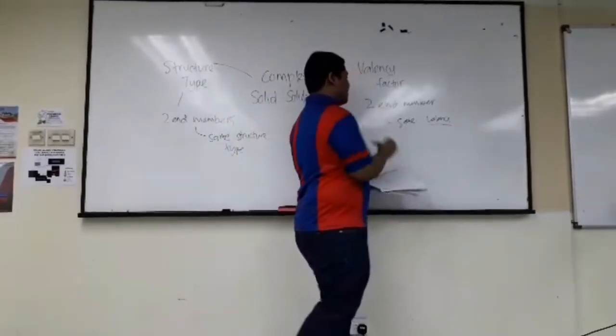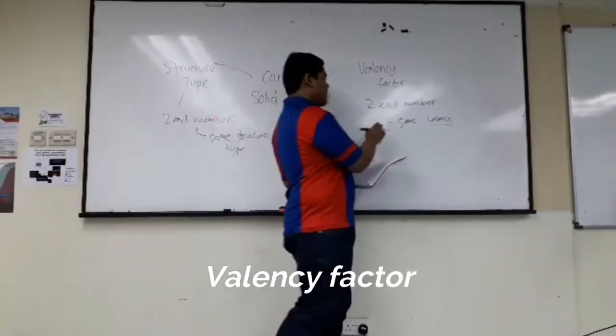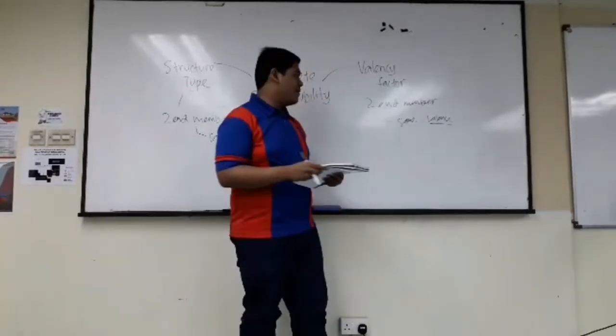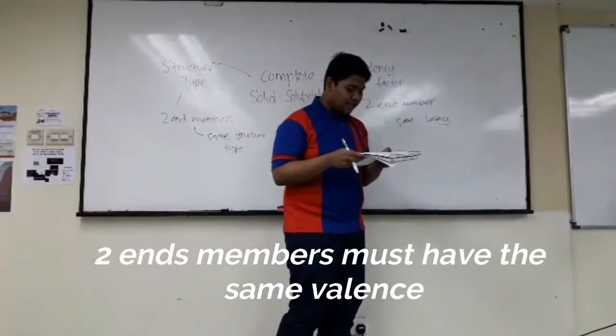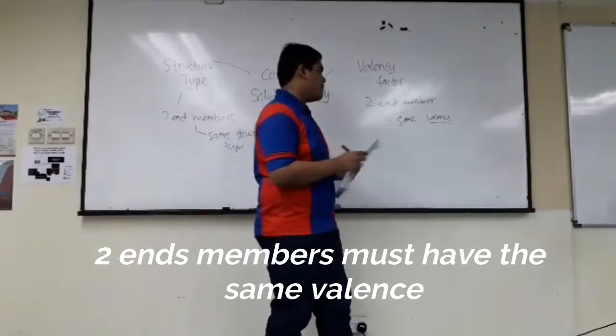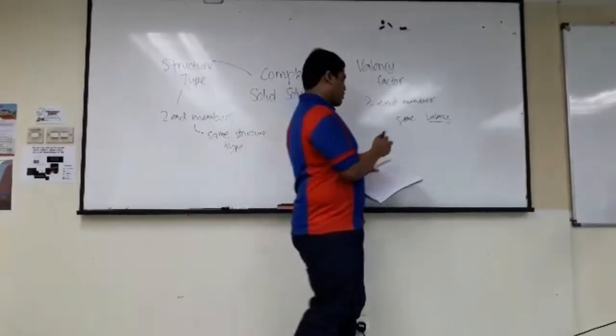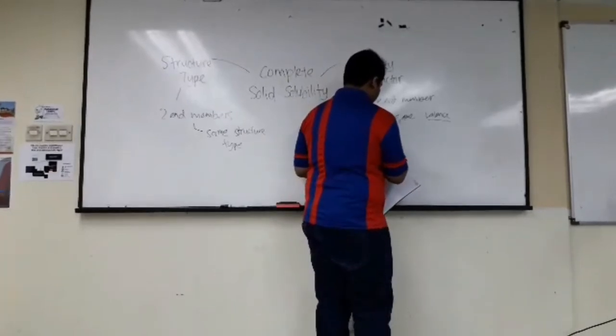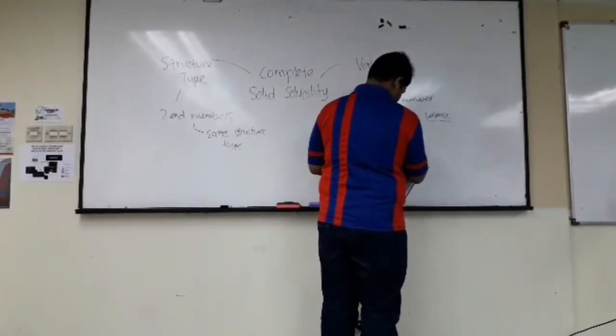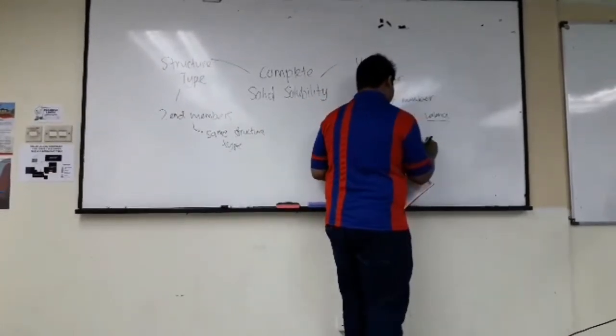For the valency factor, the two end members must have the same valence. If they do not have the same valence, what will happen?